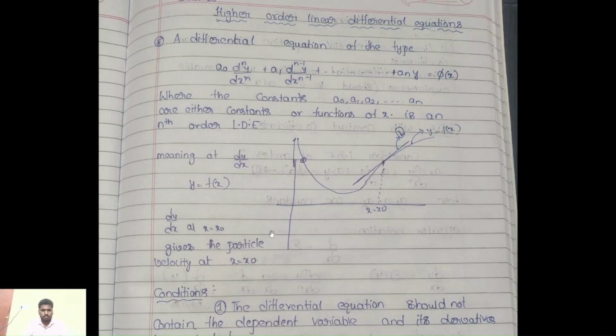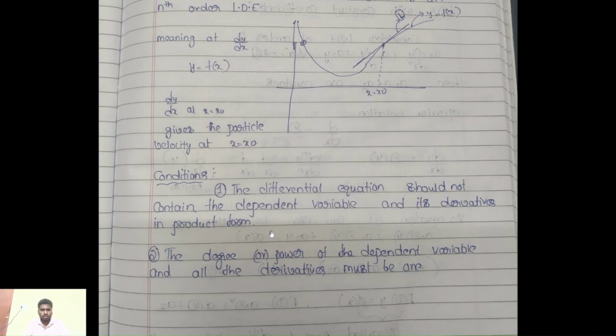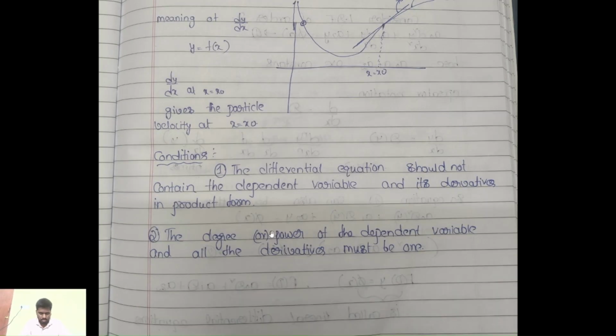The conditions to be a linear differential equation are: the differential equation should not contain the dependent variable and its derivatives in product form, so no terms like y into y dash, y into dy/dx. The degree and power of the dependent variable and all the derivatives must be 1.